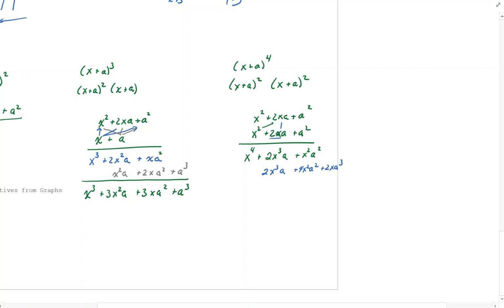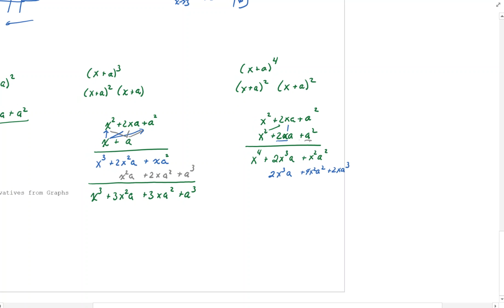And then my last term, a squared times x squared is another x squared a squared, then 2xa cubed, and lastly an a to the fourth.